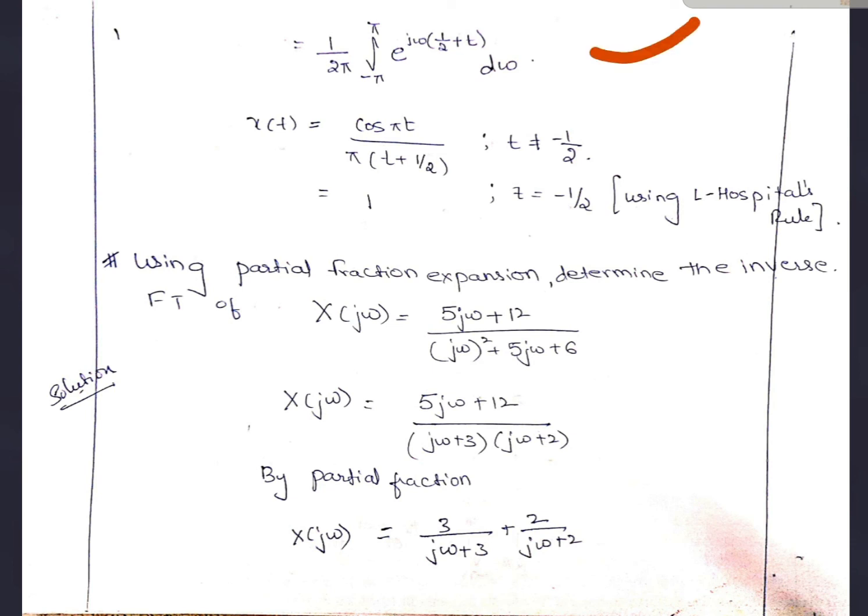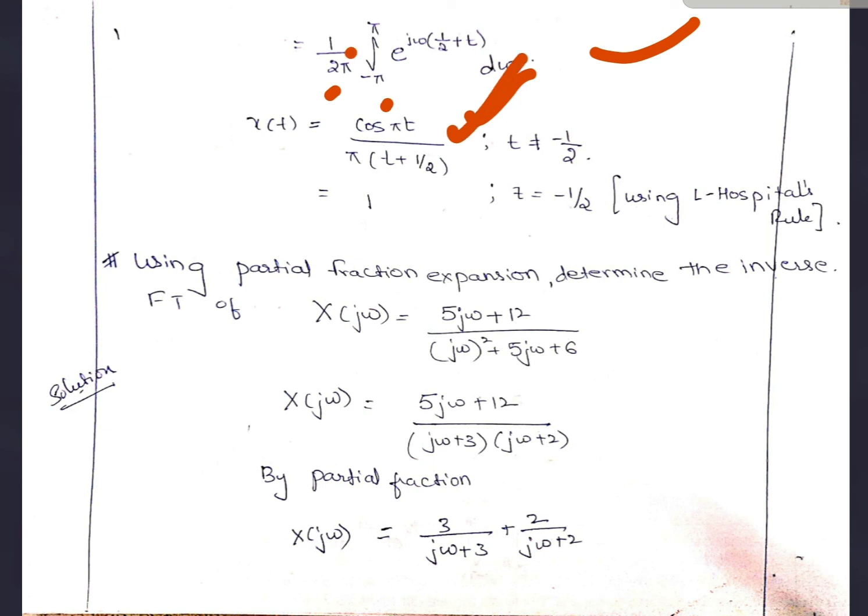Substituting this and simplifying, you get cos pi t by pi plus t by 2. So substitute both the limits, take common, and you can write this equation. Because you can write this one by j omega, substitute the minus pi and plus pi limits, you get this one.